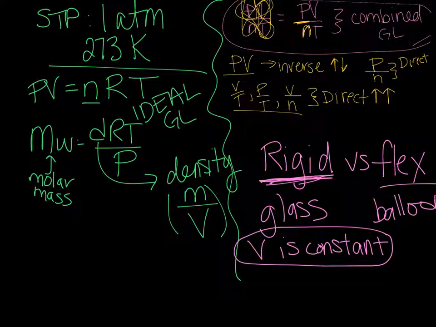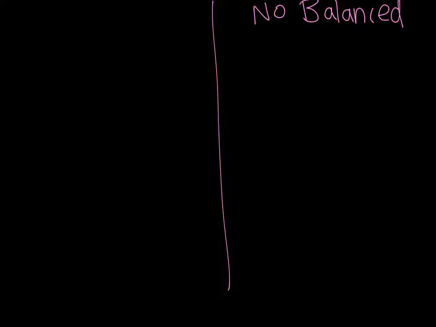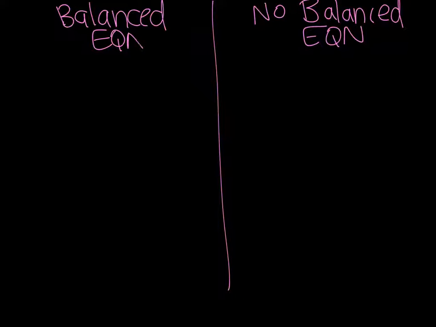All right, now the next part is just the few ways that we solve our problems, and then we're moving on to acids and bases, and then you're done. You can put a line down the middle. Say no balanced equation on one side and balanced equation on the other. We had two different types of questions with ideal gas law.